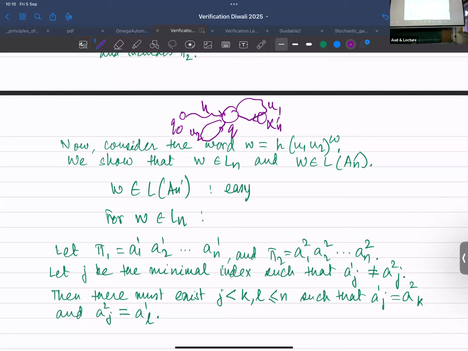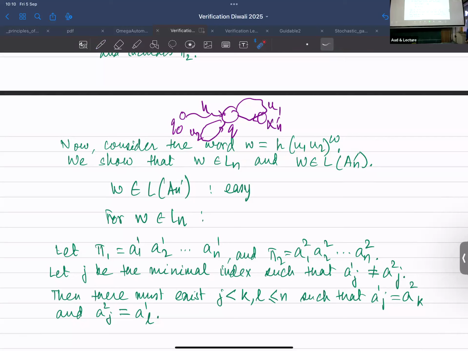Correct? Now, is it easy to see that the word w, of the form h u1 u2 omega, belongs to L of A prime?